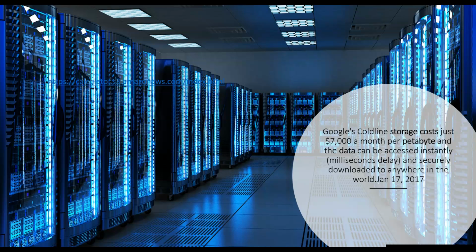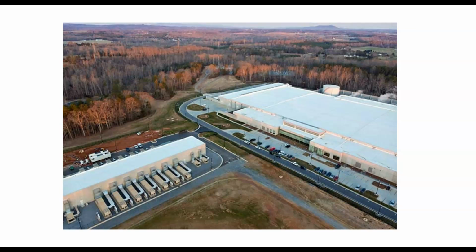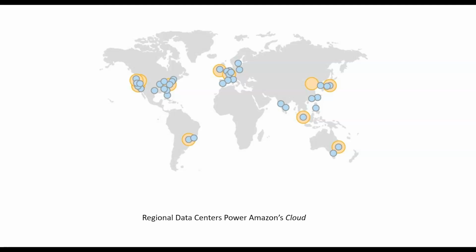We did talk a fair amount about storage, I know, but I'm just going to refresh your memory. We talked about the cloud, and this is data centers for Amazon all over the world.